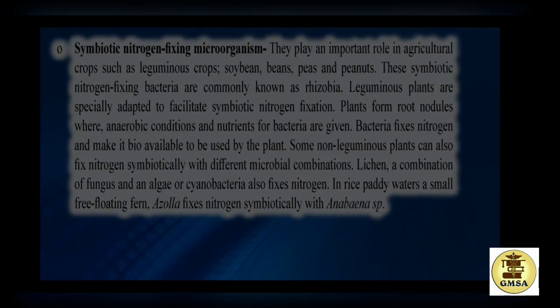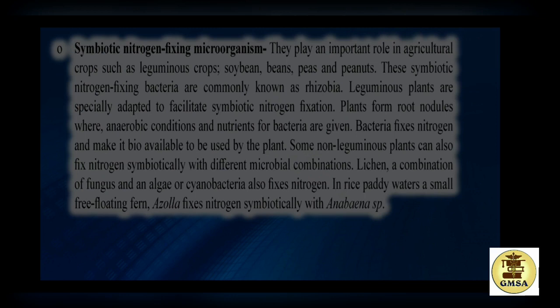Then moving on, symbiotic nitrogen fixing microorganisms. They play an important role in agricultural crops such as leguminous crops, which are soybeans, beans, peas and peanuts. These symbiotic nitrogen fixing bacteria are commonly known as rhizobia. Leguminous plants are specially adapted to facilitate symbiotic nitrogen fixation.